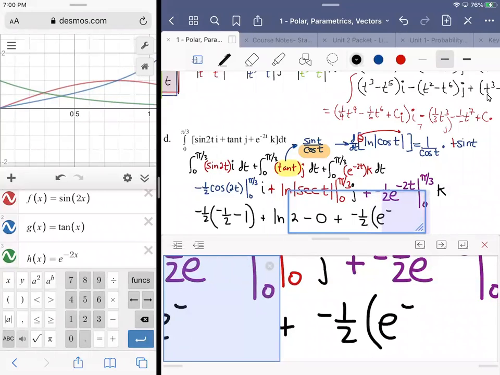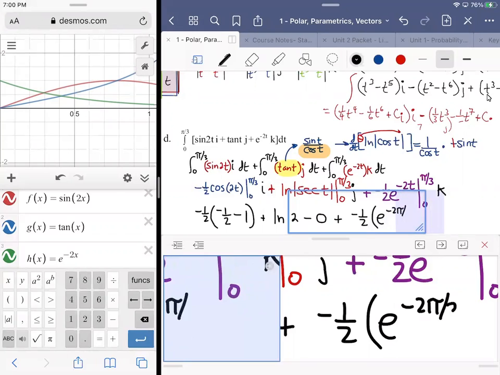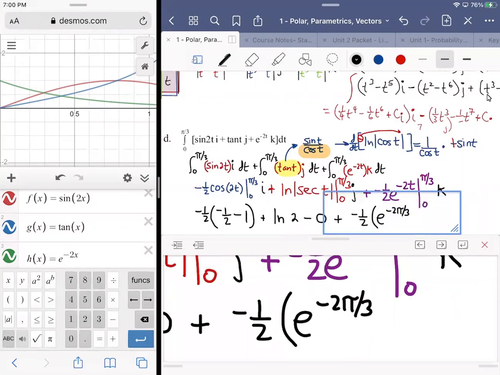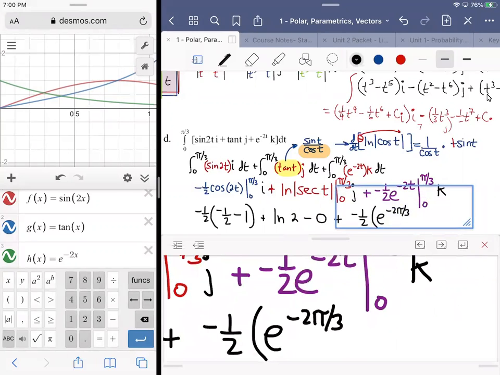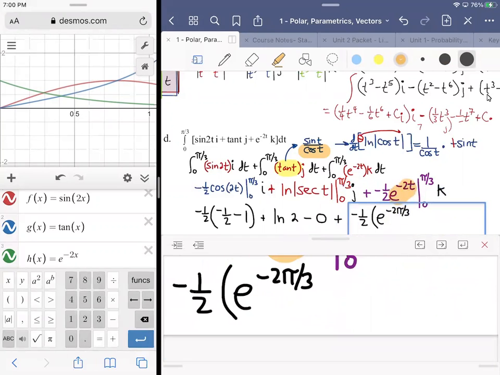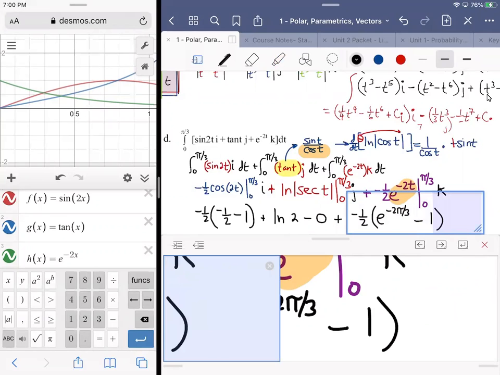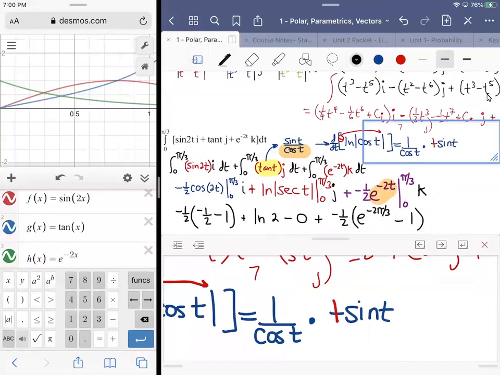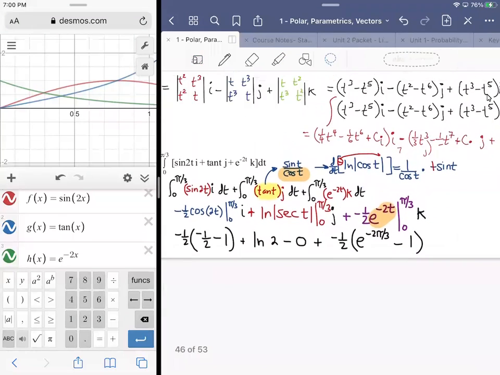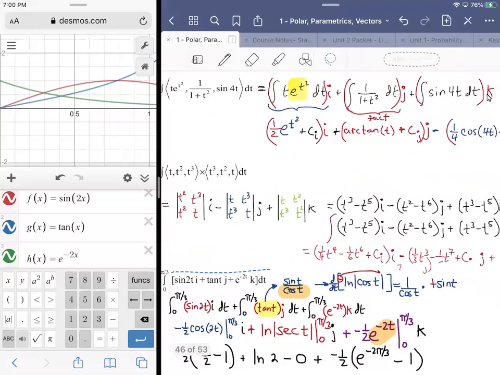E to the negative 2 pi over 3 minus, so I'm really just evaluating this piece. I'm holding that negative 1/2 constant. So minus a 1. All right. And then we can see what this does in terms of simplifying.